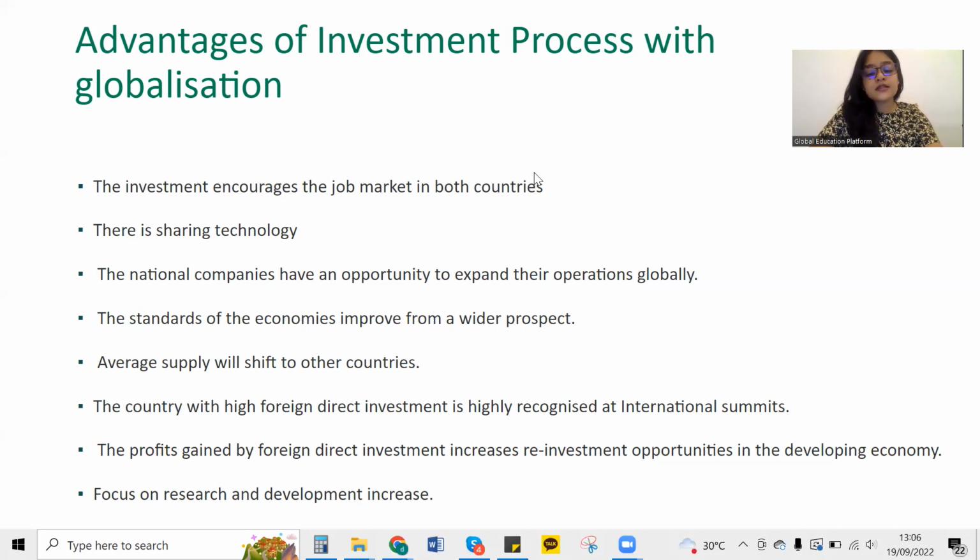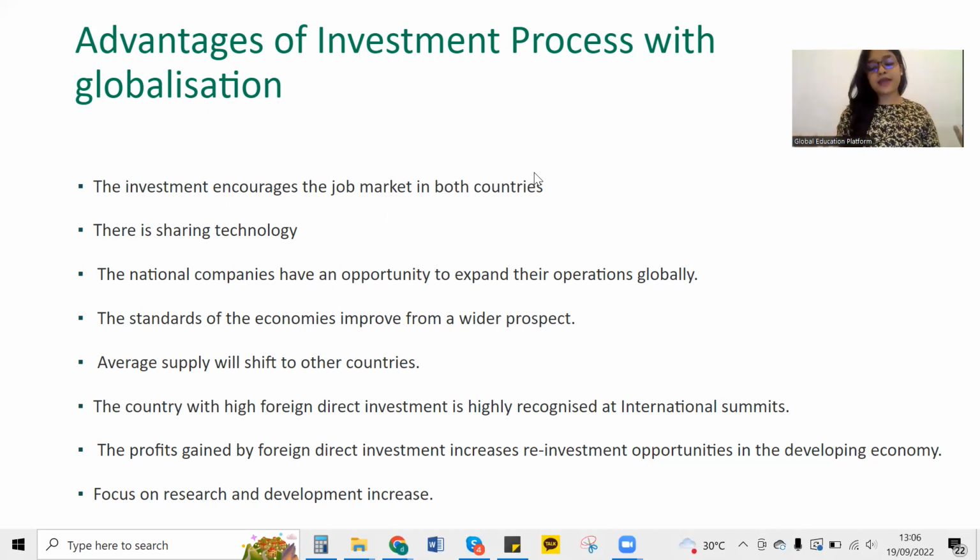Okay, then the next point would be that the profits gained by foreign direct investments increase reinvestment opportunities in the developing economy. Like I mentioned before, the majority of foreign direct investments take place in the developing nations. So foreign direct investments come, they do business there, the countries earn good income, and the businesses also earn more income. As a result, the reinvestment opportunities increase. So there is investment made, improvements done, profits gained, and there is reinvestment, more expansion.